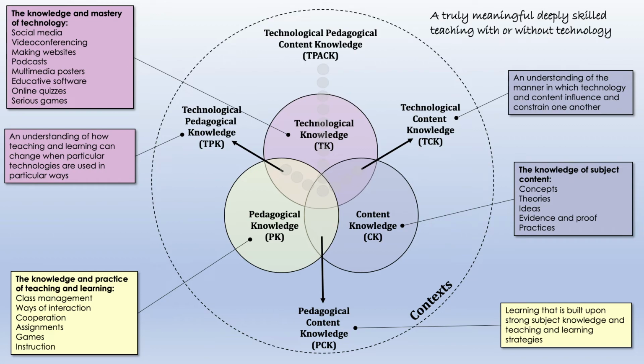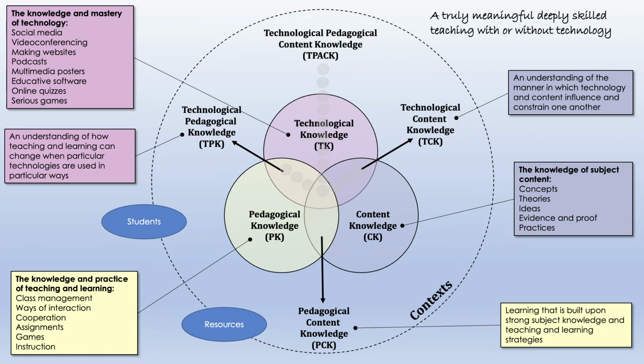Now you know all about the TPACK model and its components. There is one more thing that is of influence, and that is the context. And what I mean by context is, for instance, the resources that are available to you. Do you have enough tools available to use? Is there a budget available? The group of students is also very important.